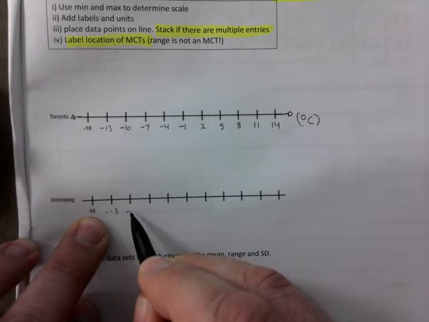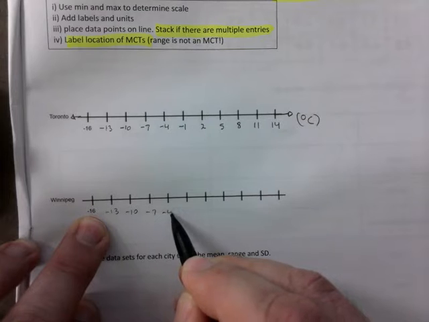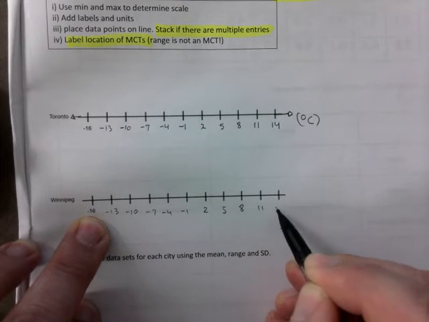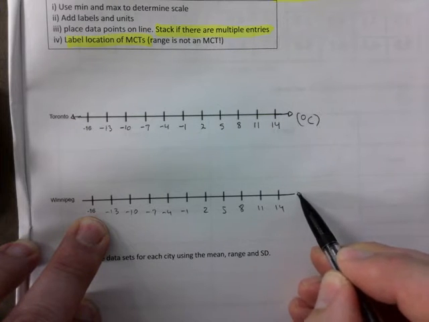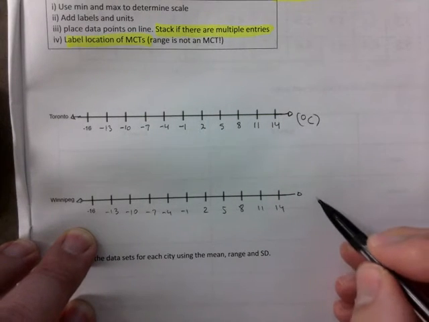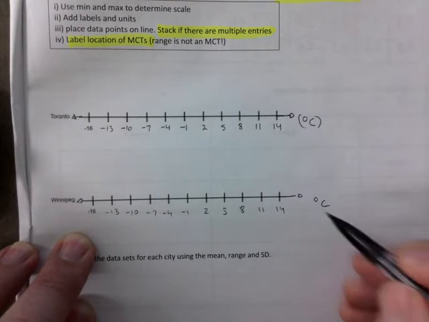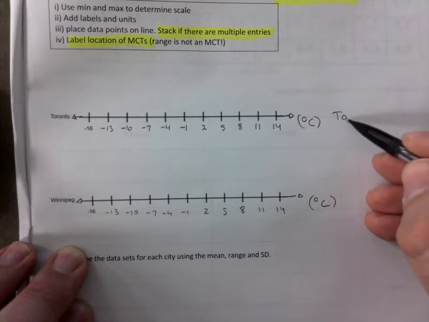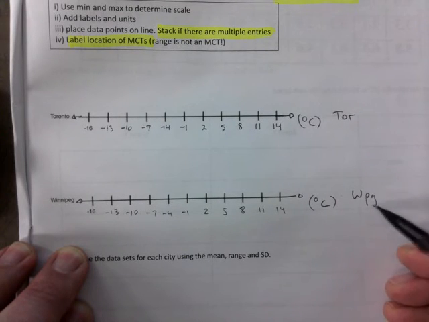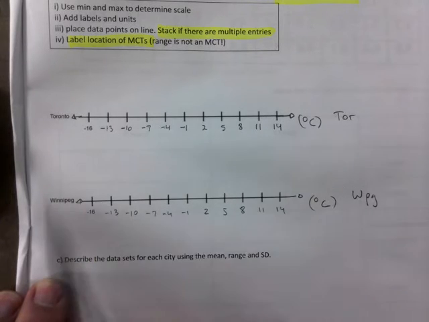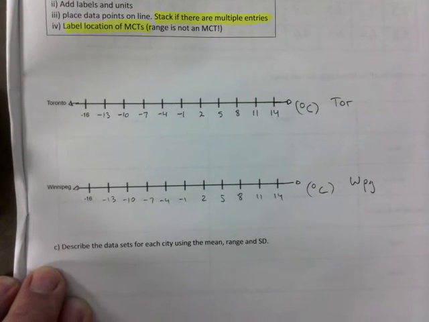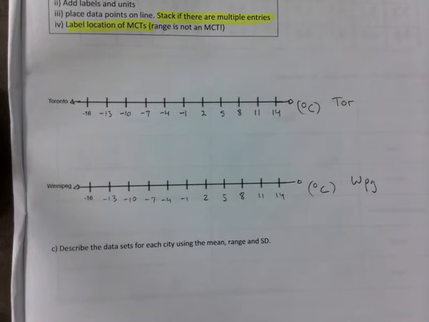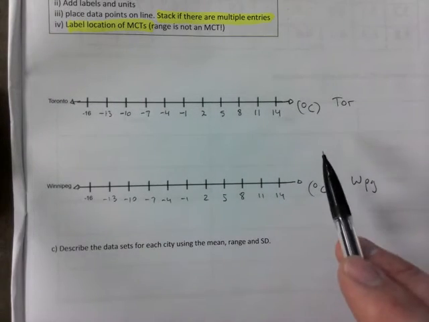So let's just copy this down. And we're going to add arrowheads just like before. Degrees Celsius. That's what we're in. And we're going to say that this is Toronto and this is Winnipeg, right? Even though I already have that there, but not normally when you start from scratch, you're going to do all of that.